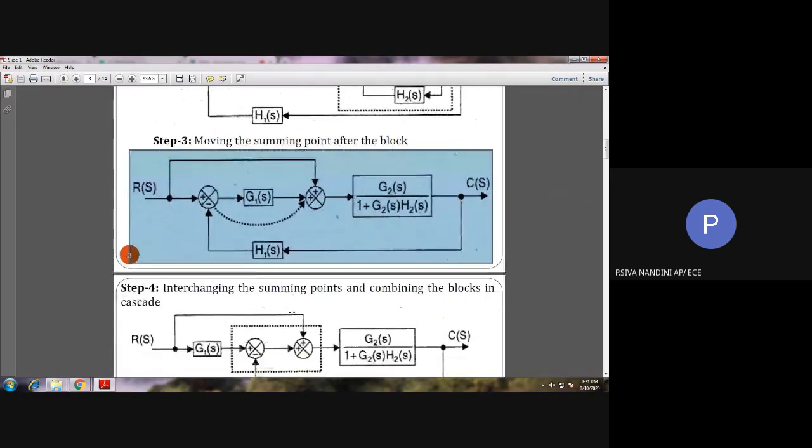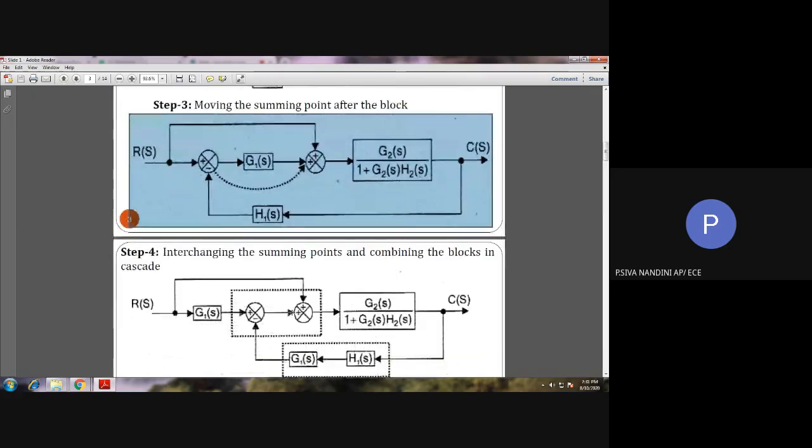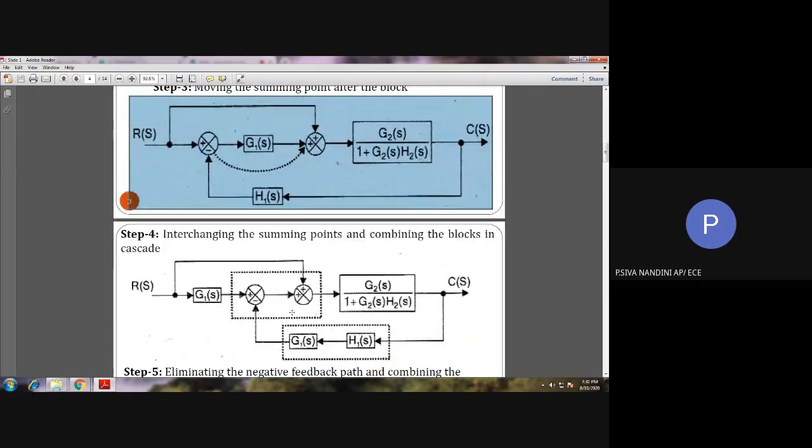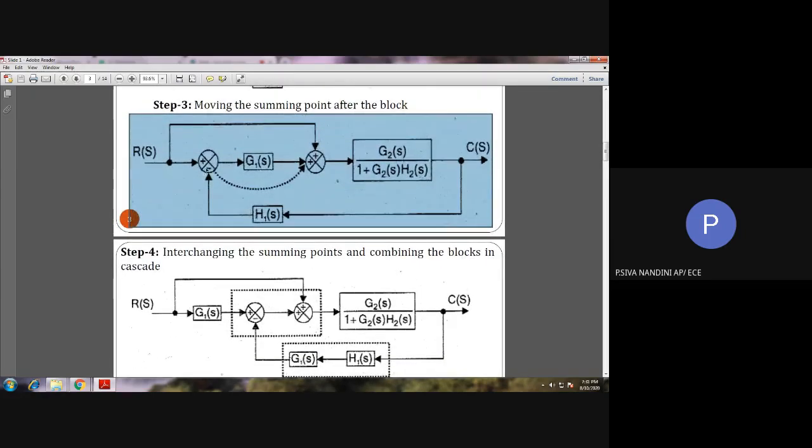While moving a summing point after a block, what is the rule we have to follow? The input given in the upward or downward direction should include that block. That is the rule for moving the summing point after the block.